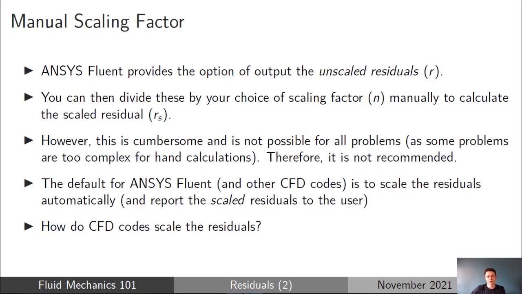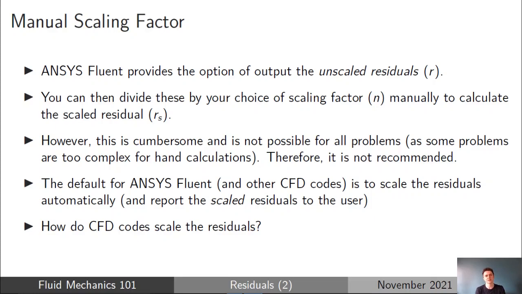But what you probably notice is that the majority of real cases are often very complex, and it'd be difficult to work out what a representative heat flux or momentum flux would be for your particular geometry, particularly if you're three-dimensional and you have lots of different surfaces. And generally when CFD codes are written and set up, they have to assume that they're solving a very general problem where entering a manual scaling factor is not possible.